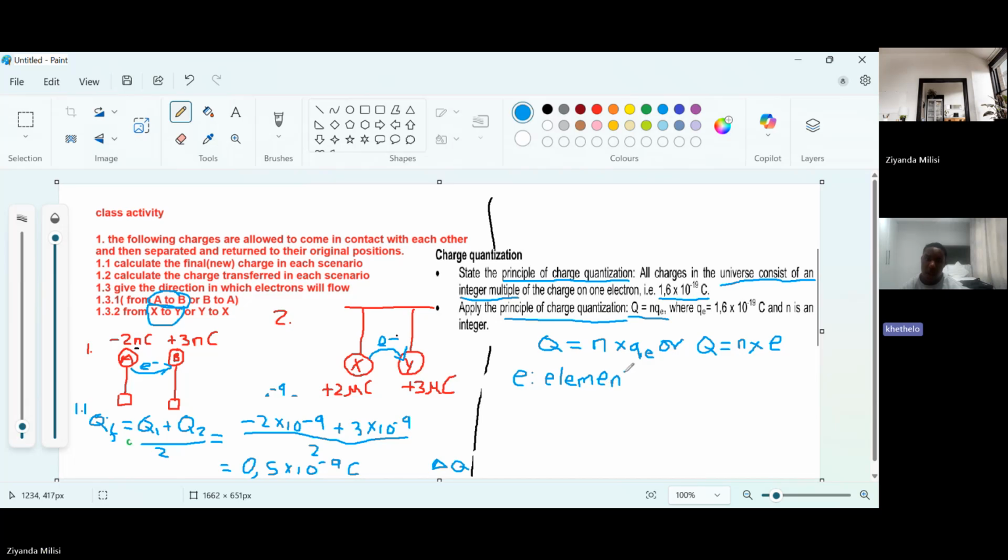Only the charge of an electron then? I will talk about that. This is an elementary charge.